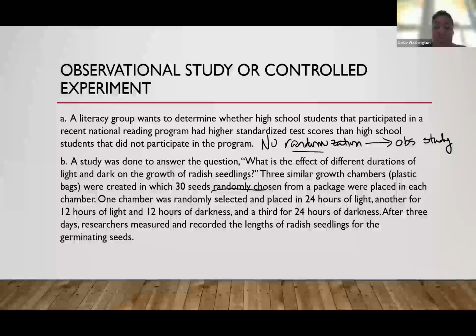That's a key statement. 1 chamber was randomly selected and placed in 24 hours of light, another for 12 hours of light and 12 of darkness, and a third for 24 hours of darkness. After 3 days, researchers measured and recorded the lengths of the radish seedlings for the germinating seeds. As you can see, we're being randomly placed into treatment and control groups. This would be a controlled experiment.